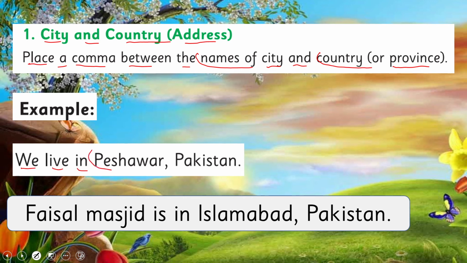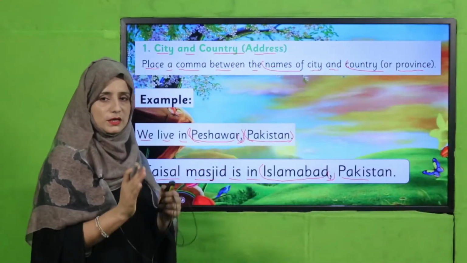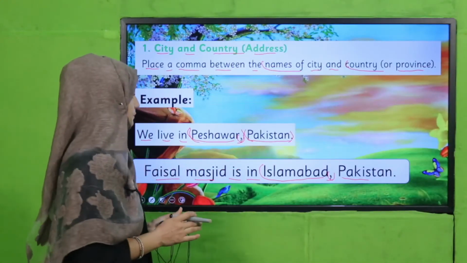We live in Peshawar, Pakistan. So you can see that we have to put comma in the middle. Peshawar is a city and Pakistan is a country. In the next example, Faisal Masjid is in Islamabad, Pakistan. You can see there that we have put comma between city and the country.